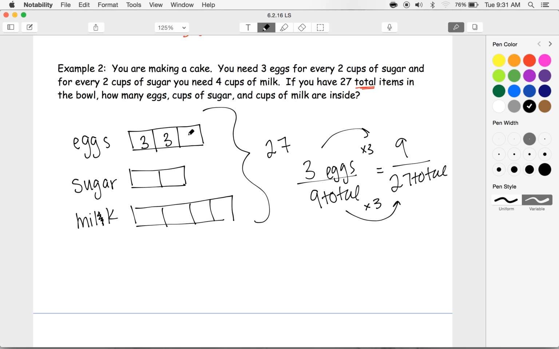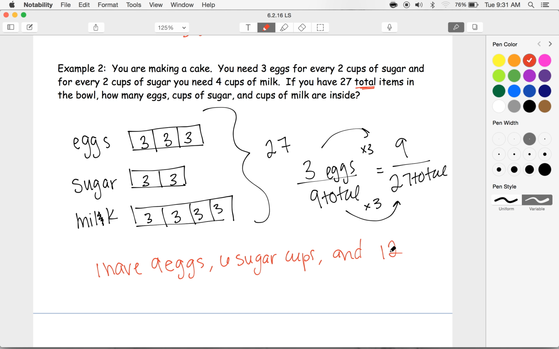That means I'm filling each of these with a 3. Why? Because to get from 9 to 27, I'm multiplying by 3. So I have 9 eggs. 3 plus 3 is 6 sugar cups. And 3, 6, 9, 12 cups of milk.